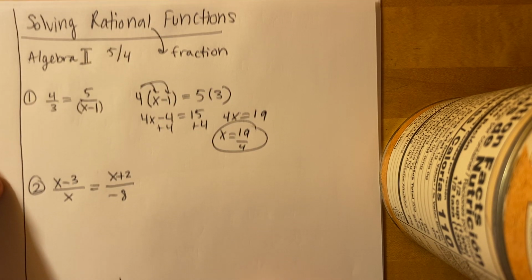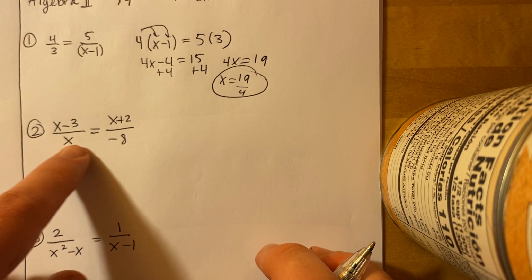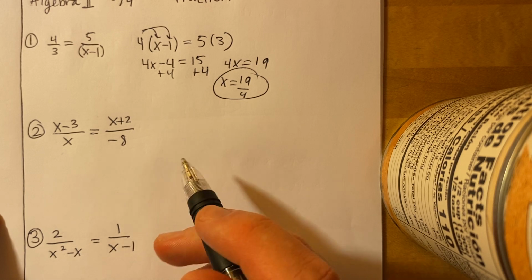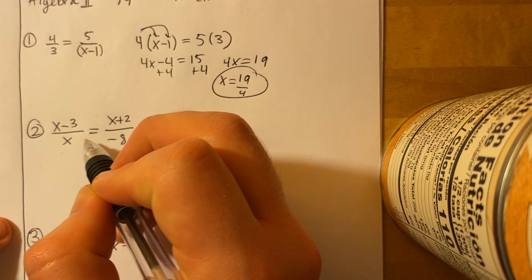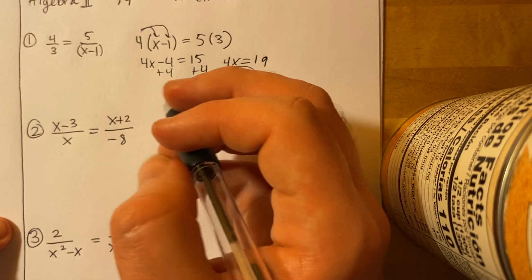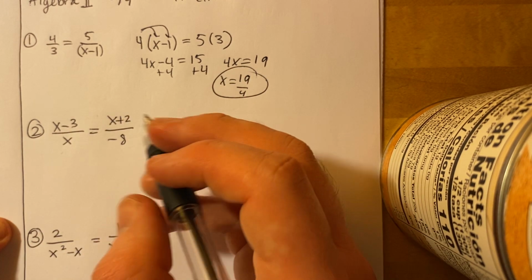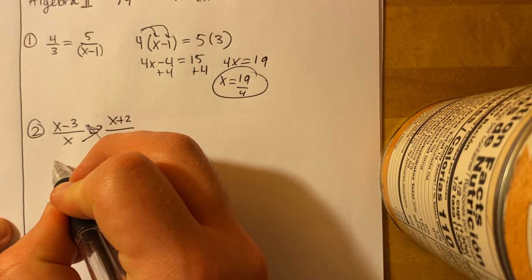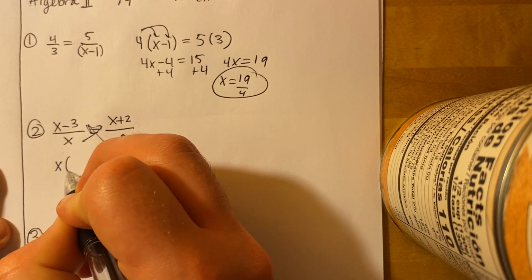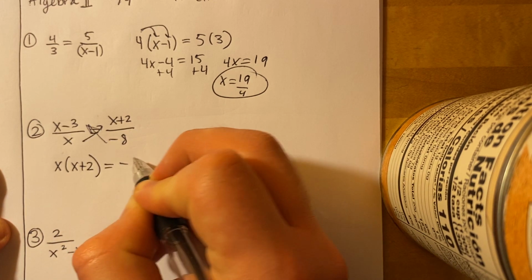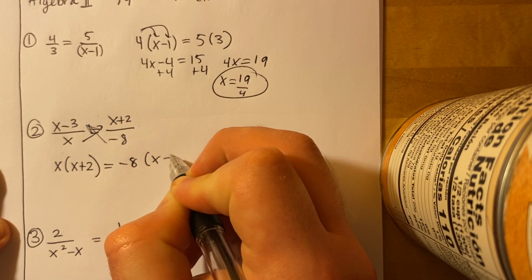So we're going to amp up the difficulty a little bit and go with a little bit more variables. So here we have a fraction on both sides, so we can go ahead and cross multiply, just keeping those binomials together. So if I just do this, we're left with x times x plus 2 equals negative 8 times x minus 3.